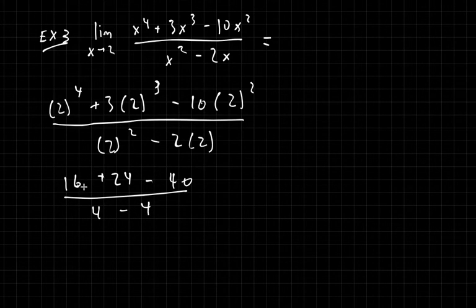Alright. 16 plus 24 is the same thing as 24 plus 6 plus 10. So 24 plus 6 is 30, plus 10 is 40, and 40 minus 40 is 0, and 4 minus 4 is 0. So this, once again, is another symbol, right? It's undefined, so it's a symbol that maybe we have to simplify the function.